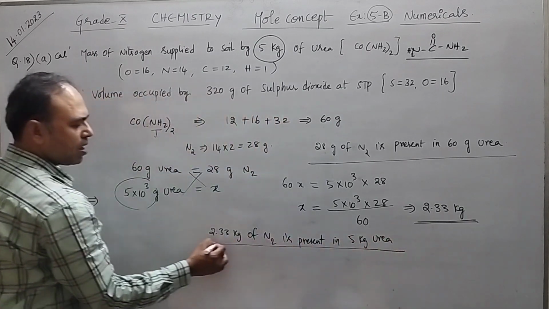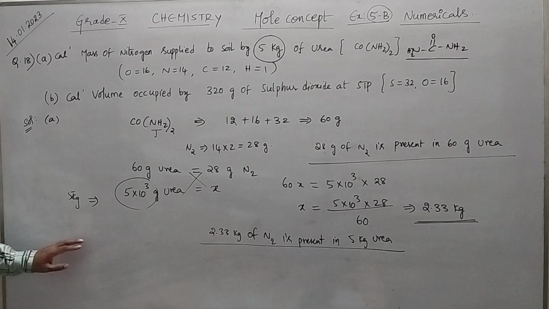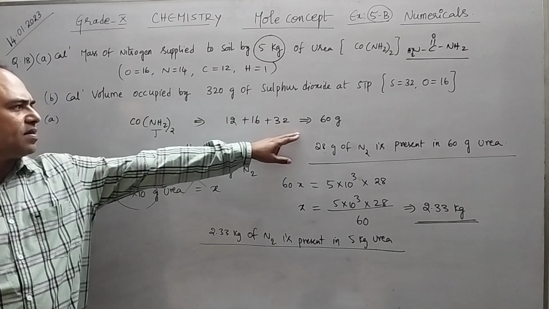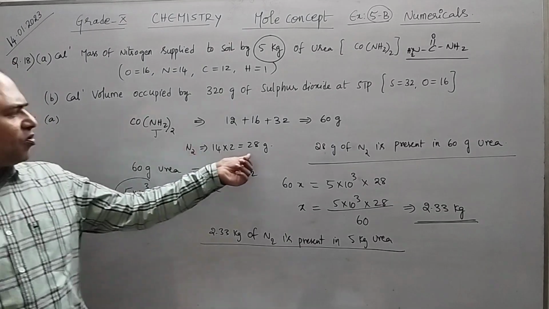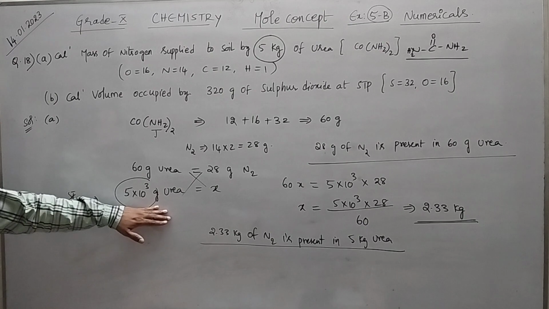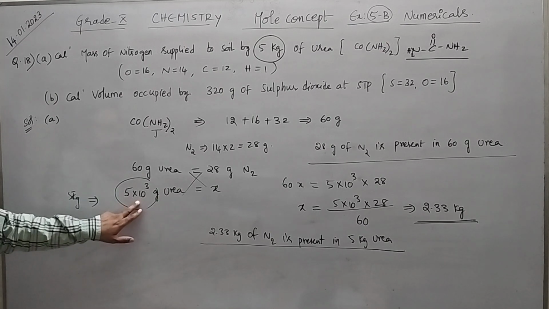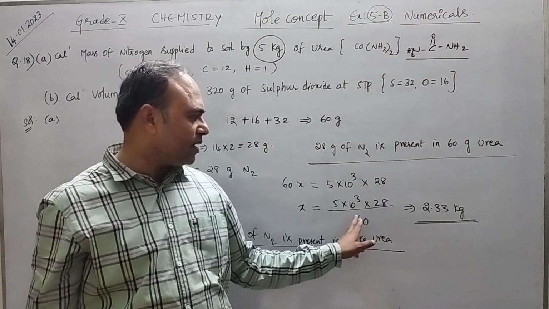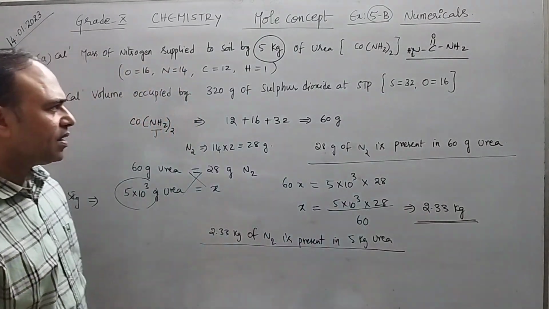This is your statement. Make a note of this. Very simple. First you calculated the molecular mass of urea as 60 grams. In that you have 28 grams of nitrogen. But in the given question, they have 5 kg of urea, which is 5 into 10 cube grams. For that, how much will be there? On calculation you get 2.33 kg.